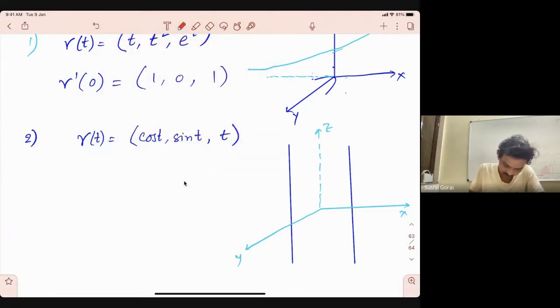The projection along the xy plane is just a circle, right? So it is actually within this cylinder.